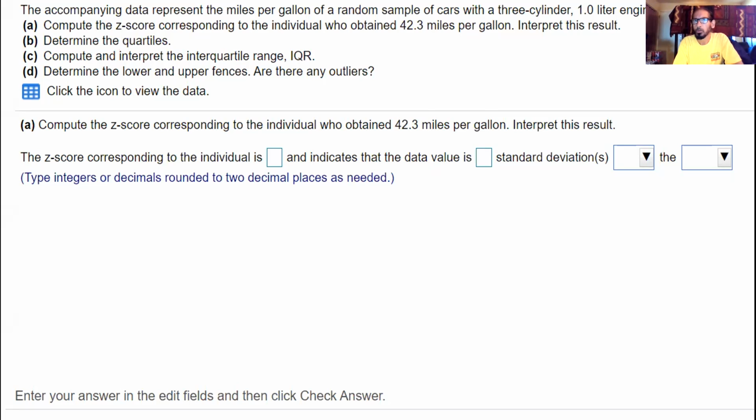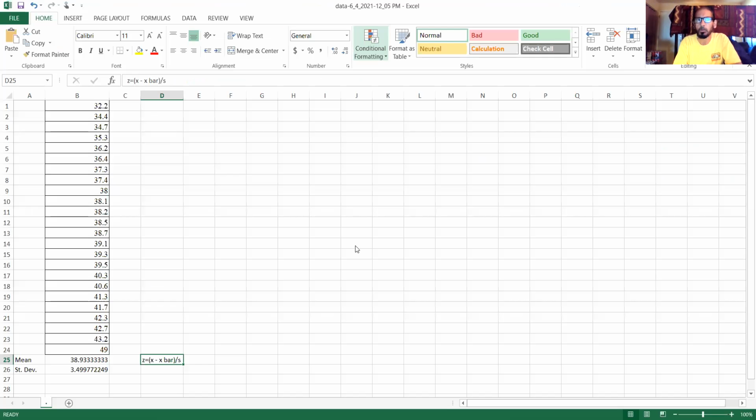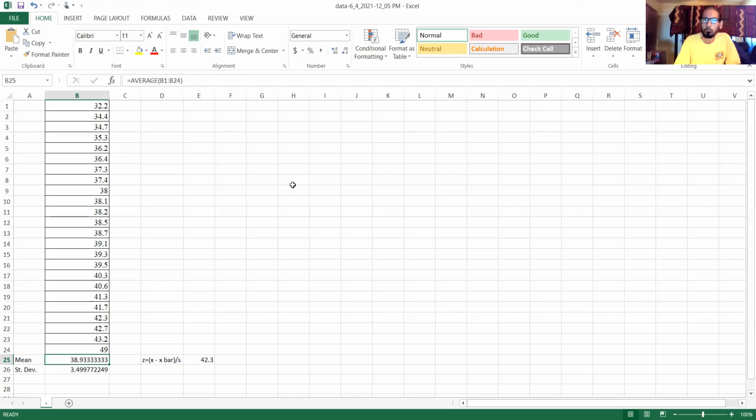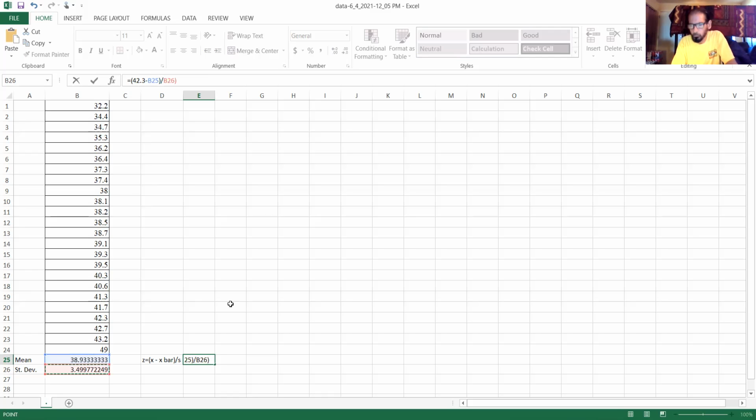So let's get that calculation going. 42.3 minus the mean that we have here, divided by the standard deviation that we had here.